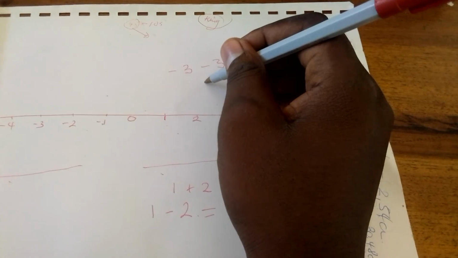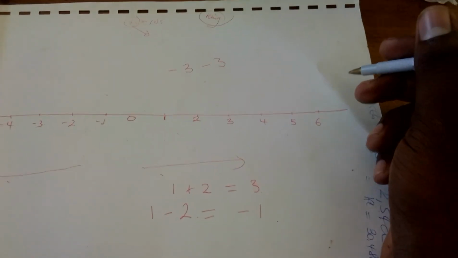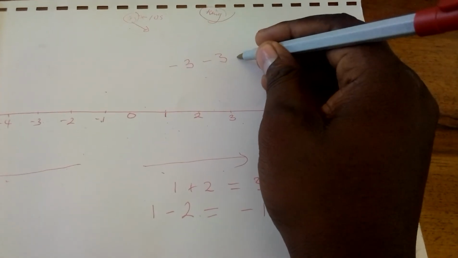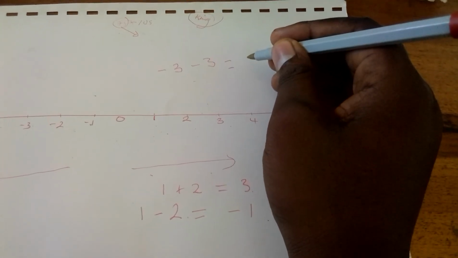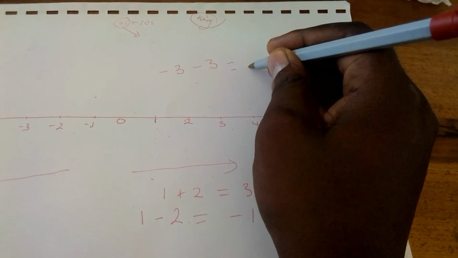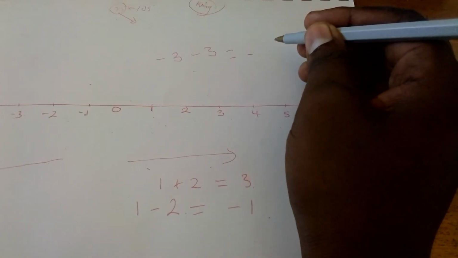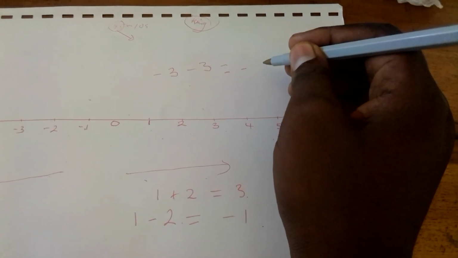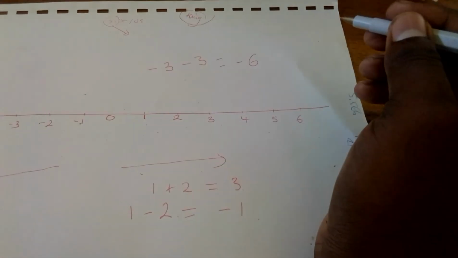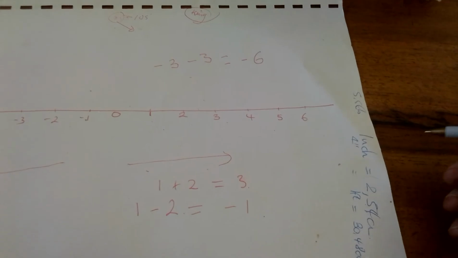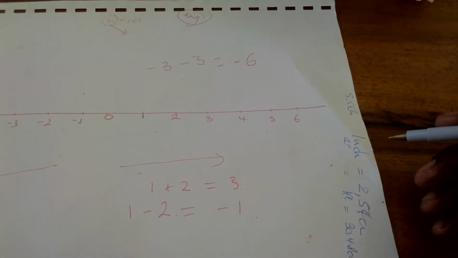If the sign is the same, you simply add the numbers and maintain the sign. So I'll take the sign out, which is a negative sign on both numbers. Then adding the numbers, 3 plus 3 is equal to 6.